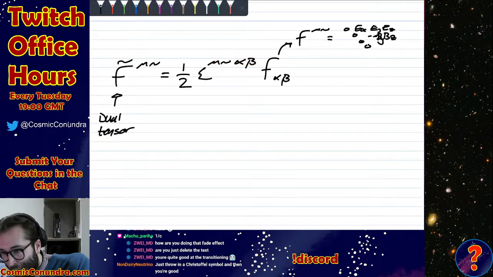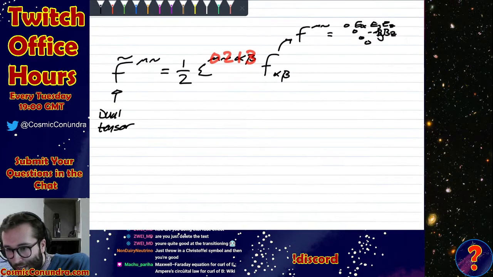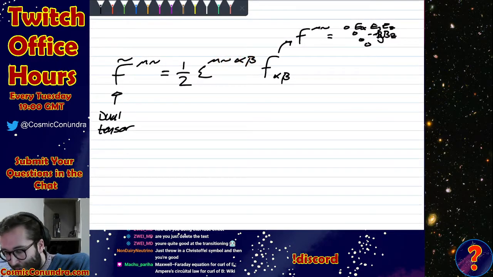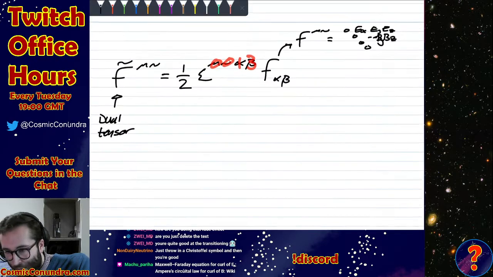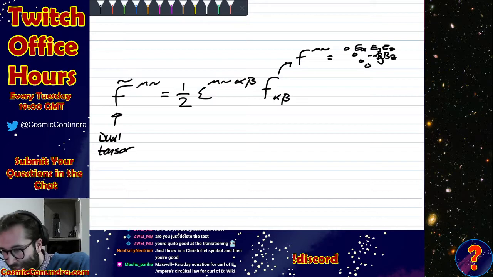And if it's any cyclic permutation of those numbers, so for example 3, 0, 1, 2, or 1, 2, 3, 0, then it will also be +1. But if you have any swaps, so say you had 0, 2, 1, 3, then it's -1, and so on. And if you have any repeated indices, so something like 0, 0, 1, 3, then it's always 0.